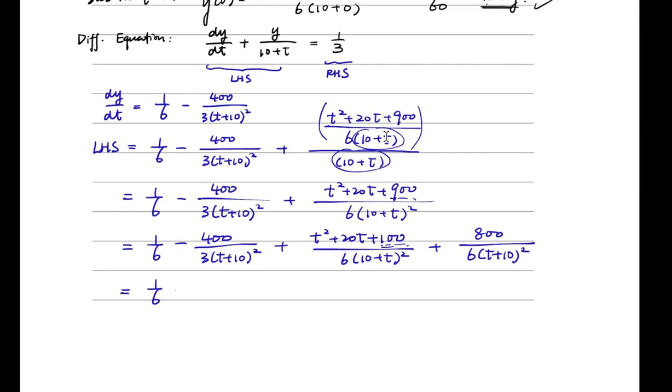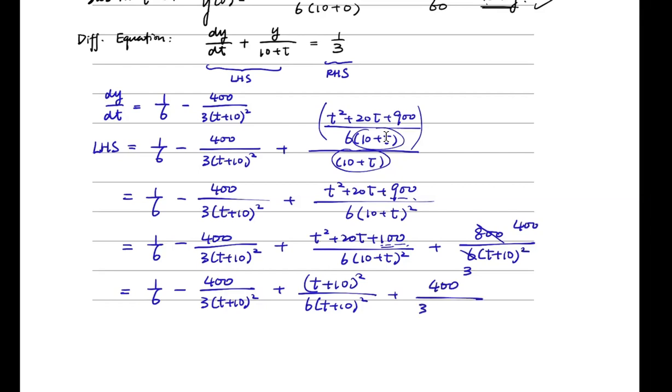And 1/6 minus 400 divided by 3(t plus 10) squared, plus (t plus 10) squared divided by 6(t plus 10) squared, plus 800 over 6, which is 400 on 3(t plus 10) squared.